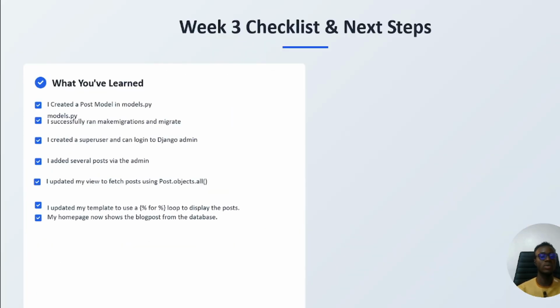So this week we've been able to create models, learn it in detail. We've talked about database, we've talked about super users and Django admin, how to view all of the posts from the database, or interacting with the database from your Python code to your template. See you in the next section.